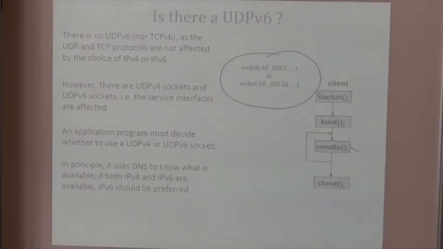By going to DNS, you can use a DNS function that will first try an IPv6 address, and if it doesn't work, try an IPv4, or you can ask directly, give me all the addresses that there are, and then your program can analyze whether you have obtained an IPv4 or an IPv6, and then decide to continue with whatever address you want.